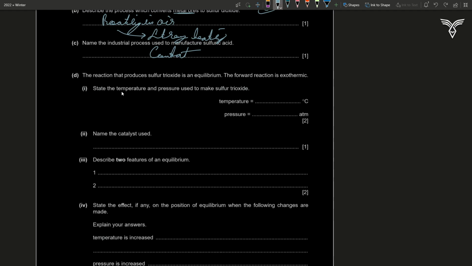State the temperature and pressure used to make sulfur trioxide. These are the conditions we memorized for the formation of sulfur trioxide. Temperature, we use a relatively high temperature like 450 degrees Celsius. With pressure, we use a low pressure, between 1 and 2 atmospheres. So that is your answer.